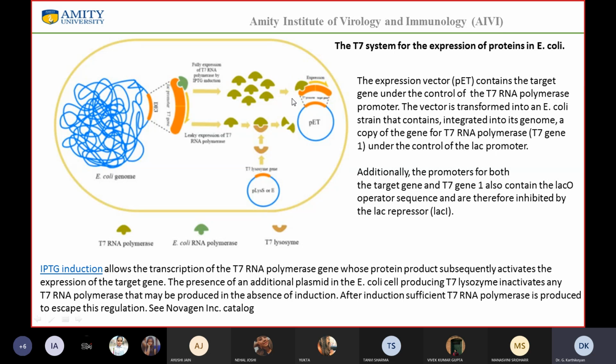And in the case of leaky expression of T7 RNA polymerase, the lysozyme binds to it, and so it prevents it from transcribing the PET vector. Okay. On the other hand, when you add IPTG, when there is a full-scale expression of T7 RNA polymerase, this RNA polymerase will essentially start transcribing your gene of interest, which you have cloned into PET expression systems. Did I make it clear?